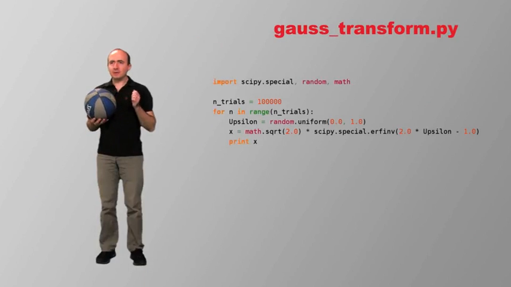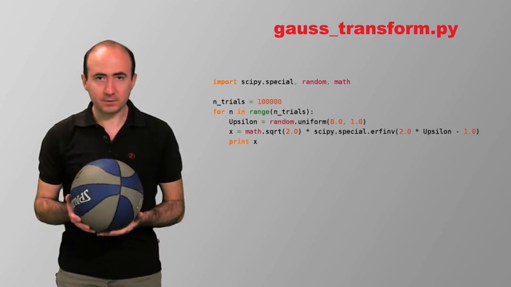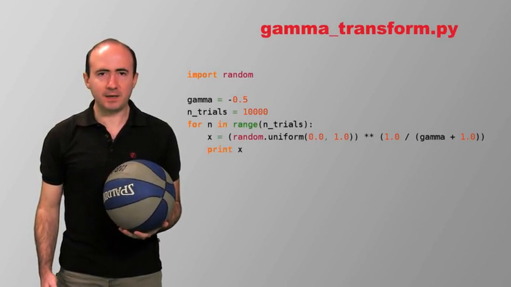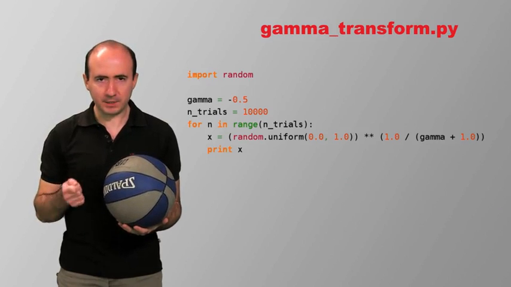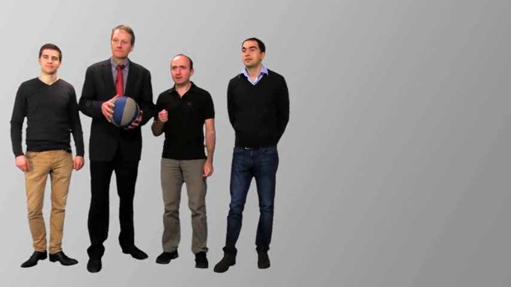Have a look at Gauss_transform.py and make sure that you have understood how the sample transformation works. Further, try out gamma_transform.py and compare directly the results that you obtain to the two other algorithms, the Markov chain algorithm and the direct sampling algorithm that Michael presented earlier.